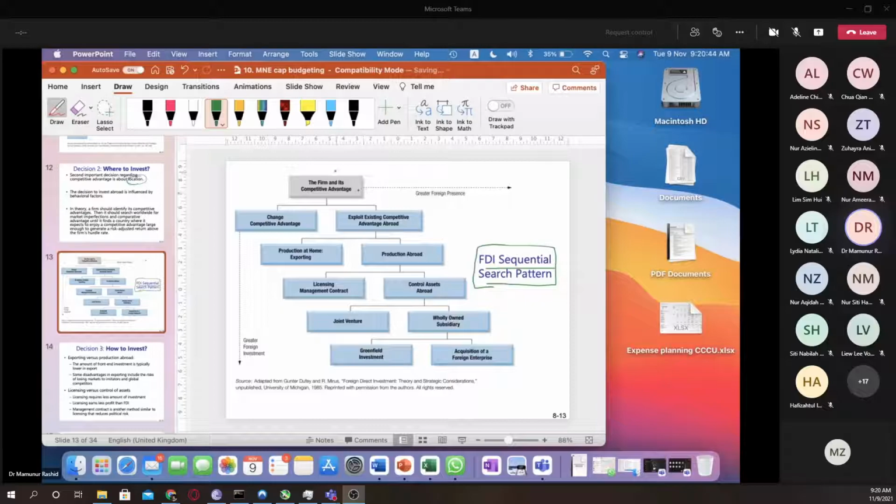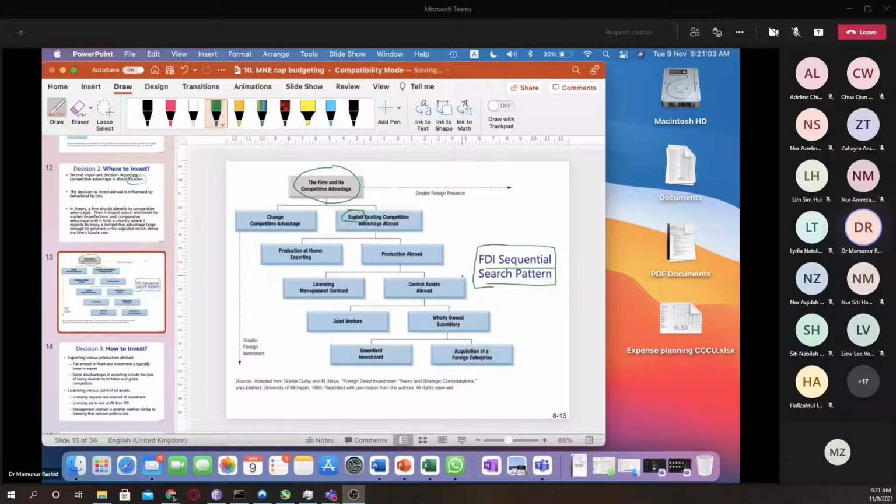When the company identifies that they have competitive advantage and they want to capitalize on that, they will try to find out whether they are going to exploit it. When you have competitive advantage, obviously you want to use it to make some additional profit.